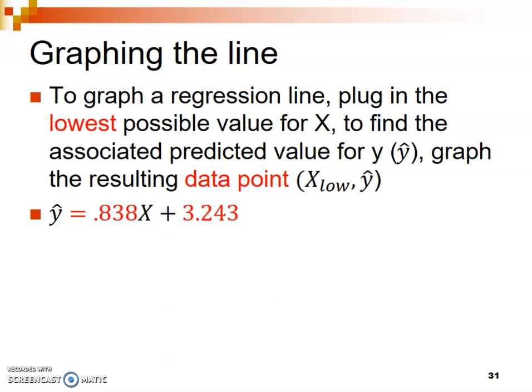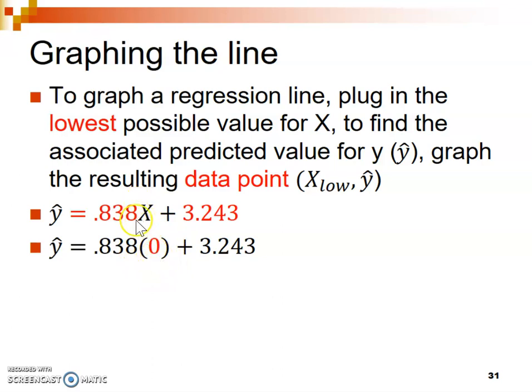I'm going to take this equation that we just established, and I'm just going to plug in that value of 0 into this equation. In place of where you see the x in our original equation, we're just going to plug in the lowest possible value of x. Again, my lowest possible quiz 1 score would be 0.